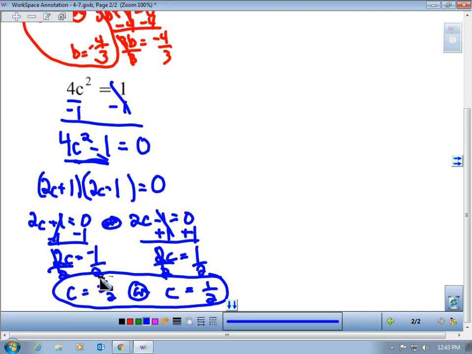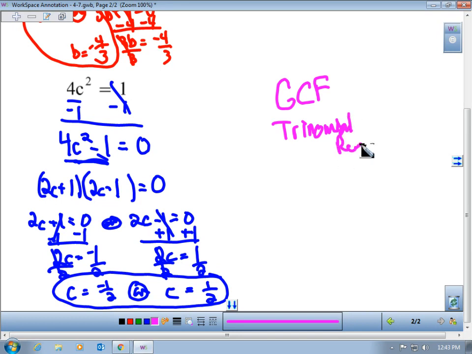I'm going to tell you, the great thing about really what you're going to do with these is, guys, you should really only see three types of factoring. Greatest common factor, which we saw up here. You're going to see your trinomial factoring, which is reverse FOIL, which is what we did on the first page.